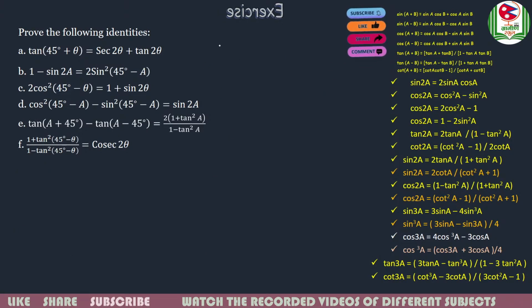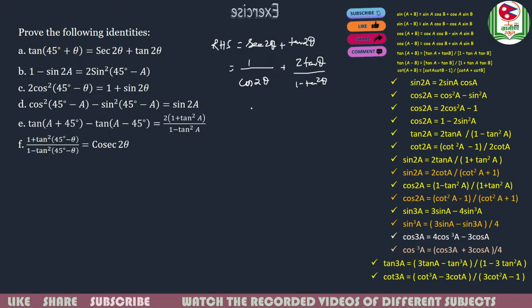So here RHS is sec 2 theta plus tan 2 theta. And this sec 2 theta means 1 by how much? 1 by cos 2 theta. Cos 2 theta plus tan 2 theta, where tan 2 theta means 2 tan theta upon 1 minus tan square theta.